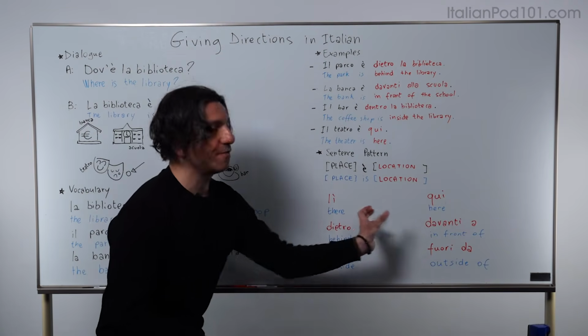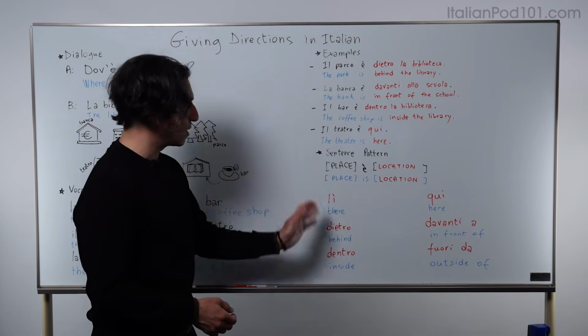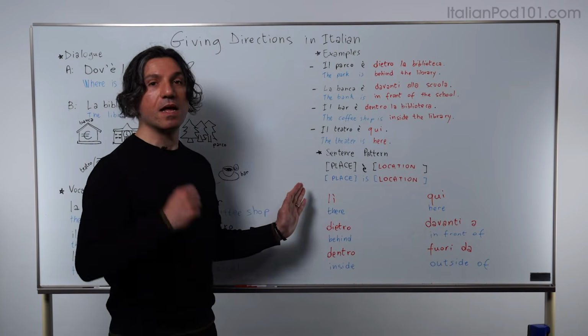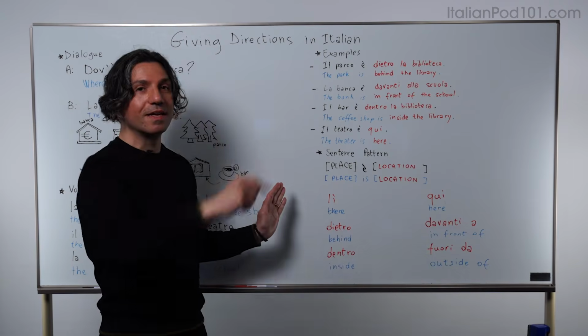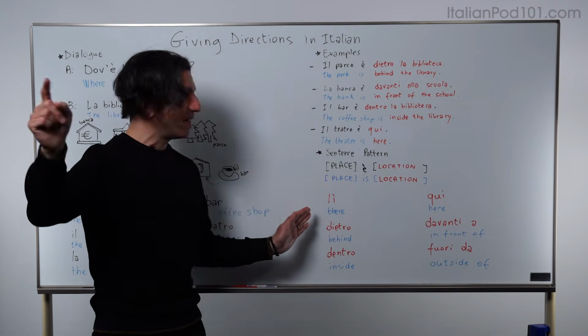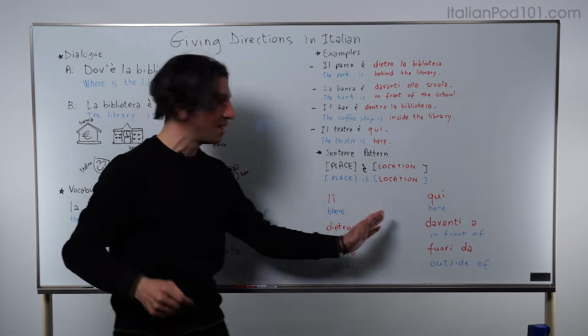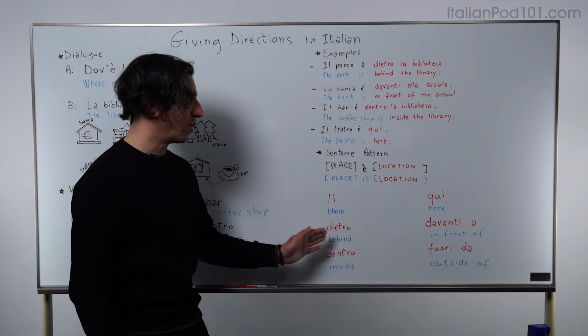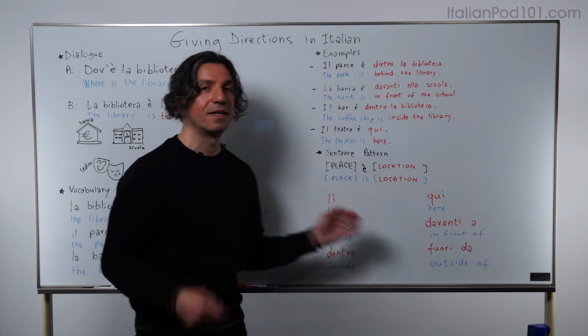Then the location. Did you notice we have two words because on the right side we have the opposite one. So, lì, there, or qui, here. Dietro, davanti a.